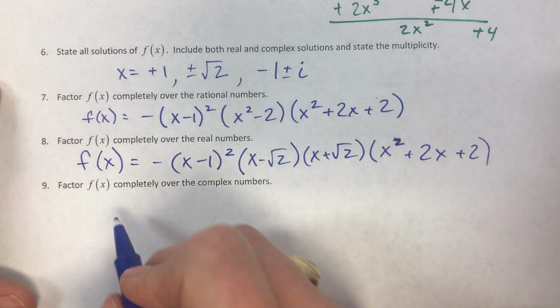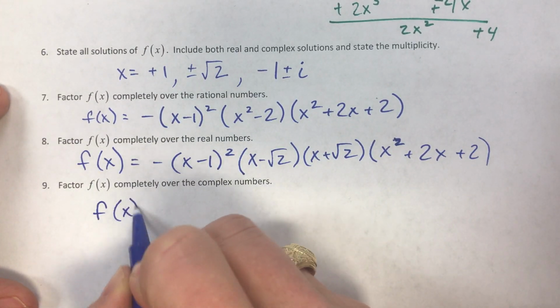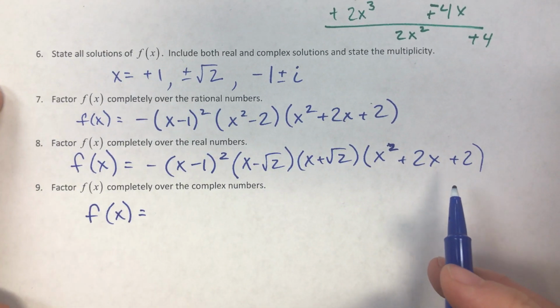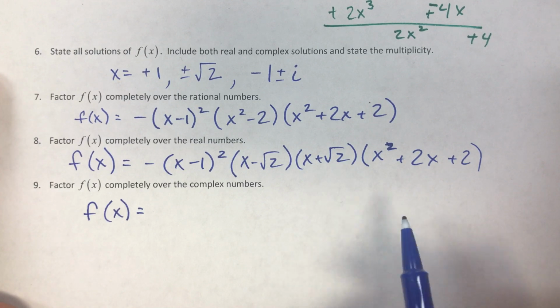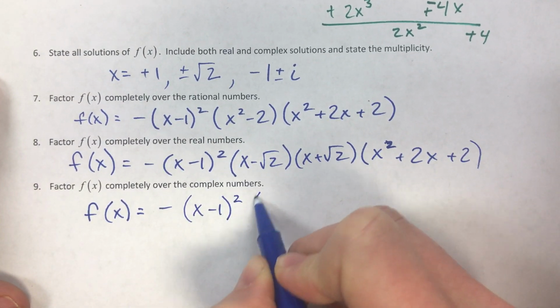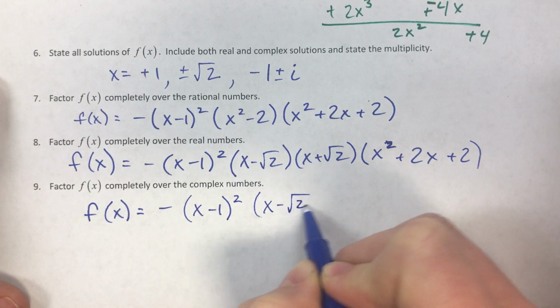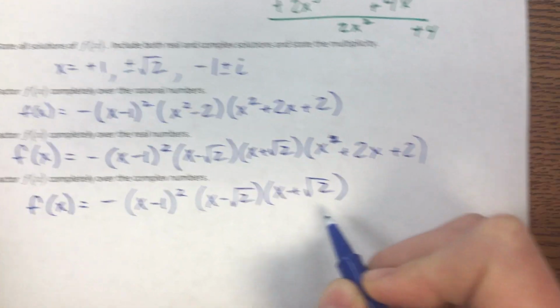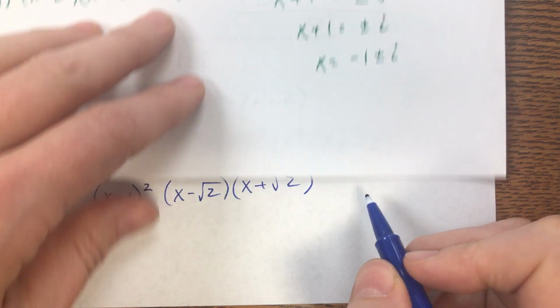And the very last step says to factor it completely over the complex numbers. That means every piece needs to be linear because everything can be broken down to linear. So I have a negative and then an x minus 1 squared. This one, x minus root 2, x plus root 2. And now this one, if I forget for a second, I can come back to that other page.